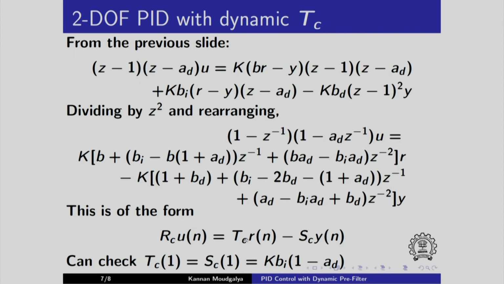For the first time, we have the TC expression also containing powers of z power minus 1 and z power minus 2. Until now, TC was a constant term. Only here for the first time we have dynamic terms in TC. So we have used dynamic pre-filtering in this problem.